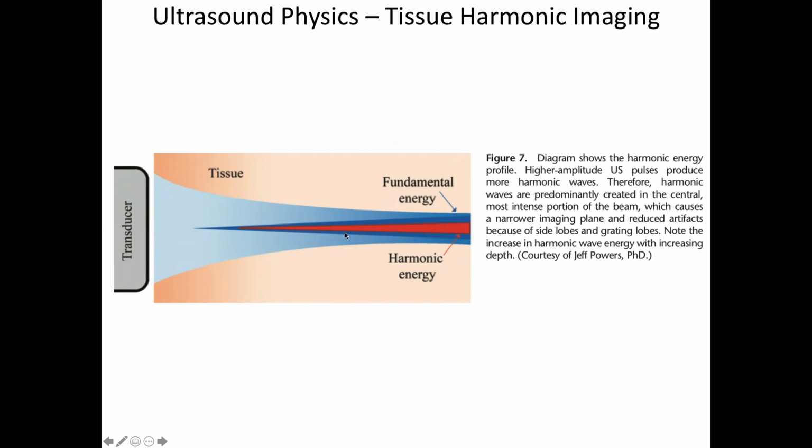And so as you go deeper into the object, the signal comprising that distorted part of the wave becomes a more central part of your reflected beam, right?